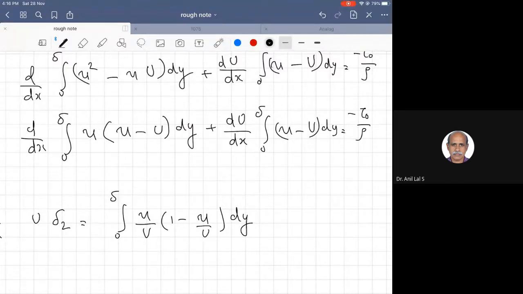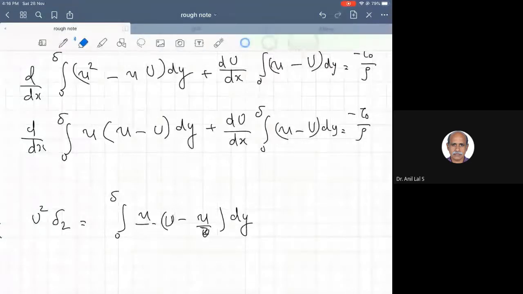There is something like U squared, so one U squared can be multiplied. So that this U will go, this U will go. One U is multiplied inside, and that will make this.